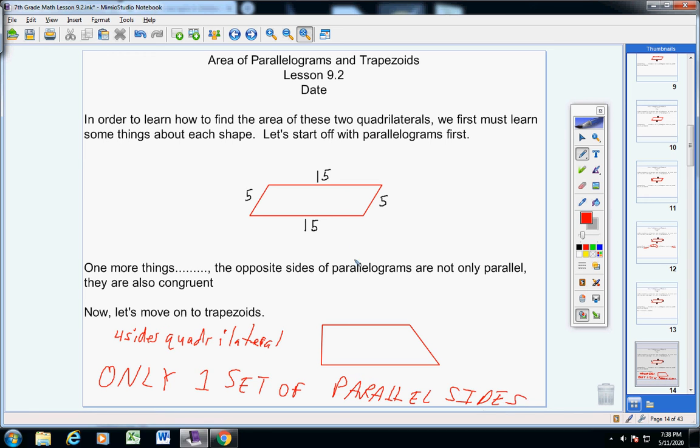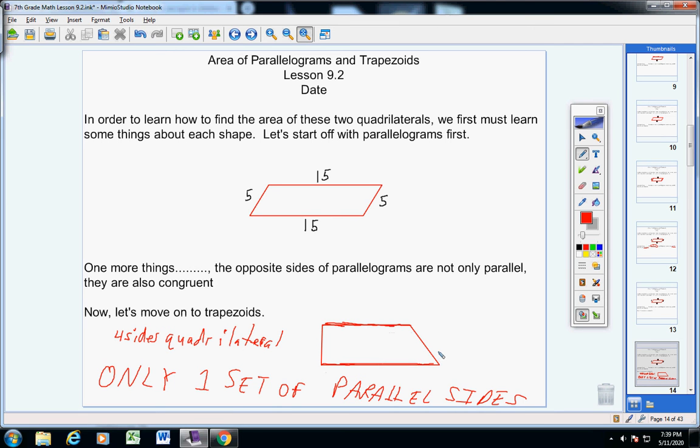If you look, guys, this side here and this side here, they are not running the same direction. This one's going up and down, this one's slanted, and if you were to extend these sides and make them longer, eventually they would hit each other. But notice these sides here are parallel.